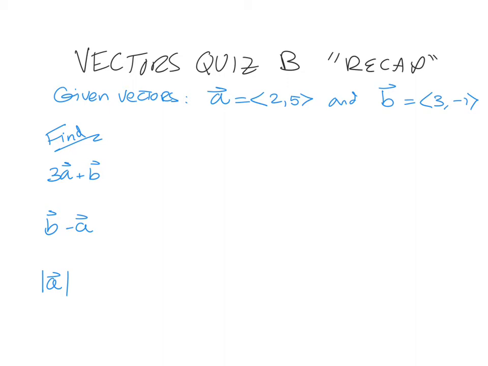So we're given two vectors, vector A and vector B, and I've written the vectors in component form. So this tells you the x component of vector A is moving in a positive direction, 2 units, and in the y direction, positive 5 units. Vector B is moving in a positive x direction, 3 units, and in a negative y direction by 1 unit.